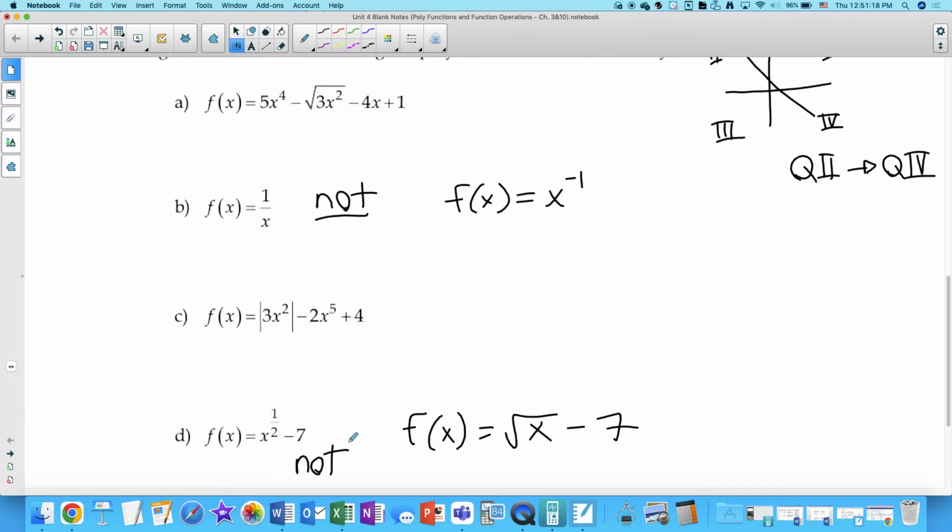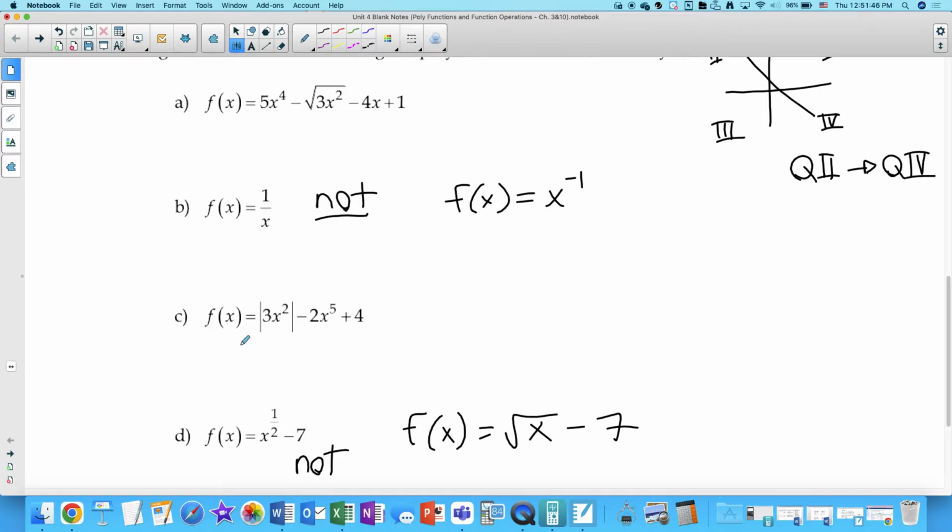What about these two? I think A would be. This is really tricky, but A is a polynomial function, because if you take the square root of x squared, that's equal to x. So that one's kind of tricky.